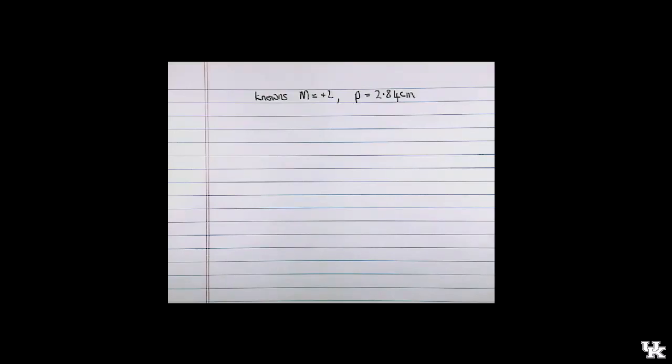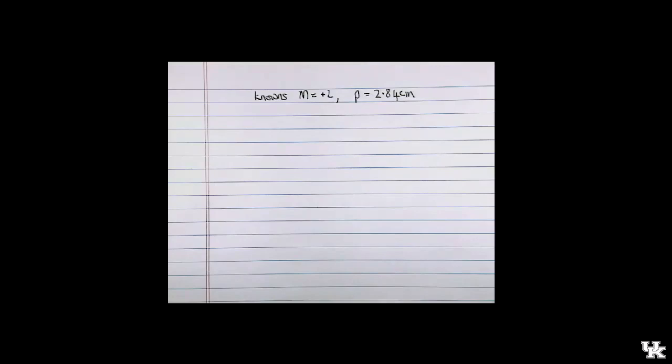Okay, so in this problem, there were two quantities that we know. There's the magnification, so I wrote that down, m equals +2. And there was the object position, p equals +2.84 centimeters.